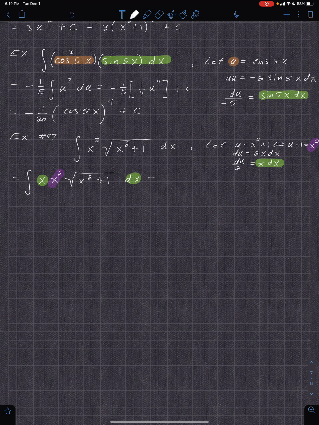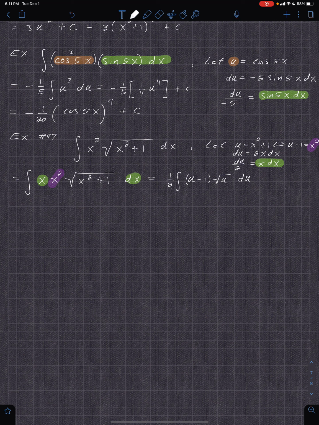So this is equal to 1/2, bring out the half, so 1/2 times the integral. So the x dx is just the du, but then what is x squared? x squared is u minus 1 times the square root of u du.